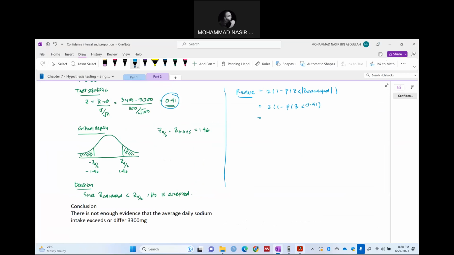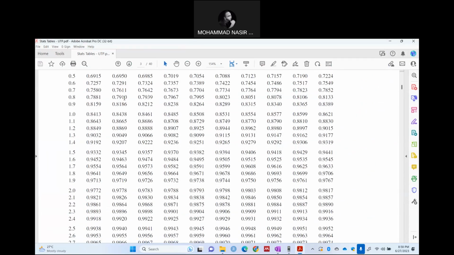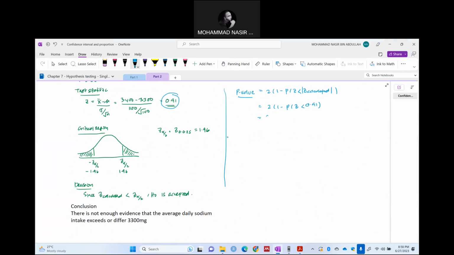So if you look at the statistical table, 0.91 should be 0.8186. So 2 multiply 1 minus 0.8186. So this one should be equal to 0.3628. Right?